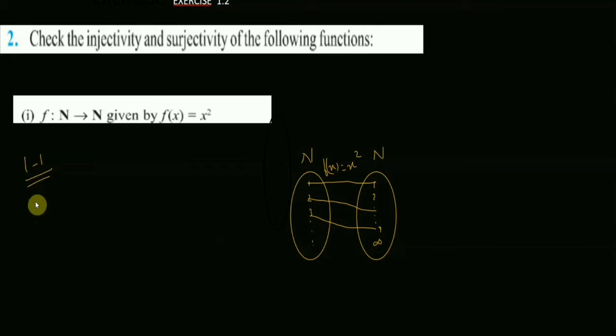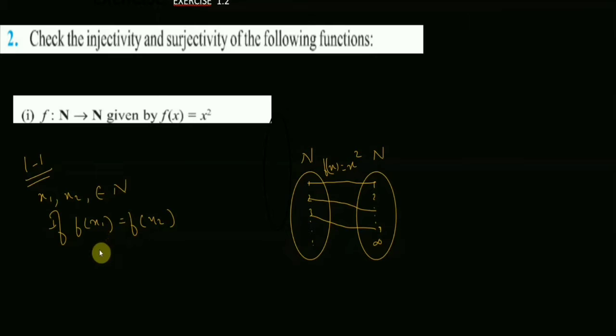The algorithm to prove is: take x1, x2, two different elements in the set N, that is the domain. If f(x1) = f(x2), then we have to prove x1 = x2.